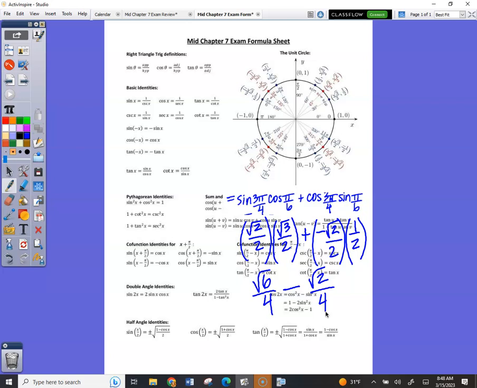Now, the tangent one is a little more challenging, and that's because tangent is y over x. So you don't have that nice little go to the radian, pull the x, pull the y. Instead, you have to go to the radian and find tangent by dividing y over x.